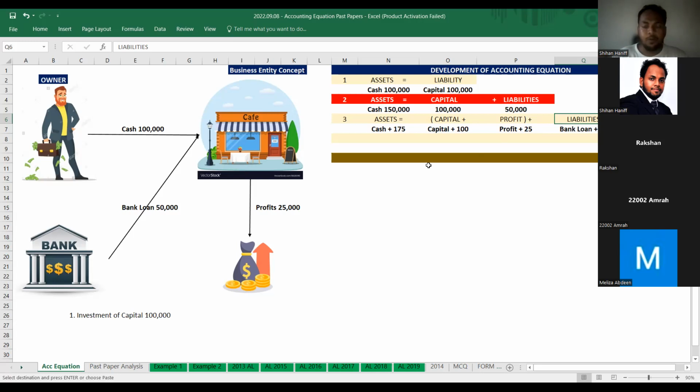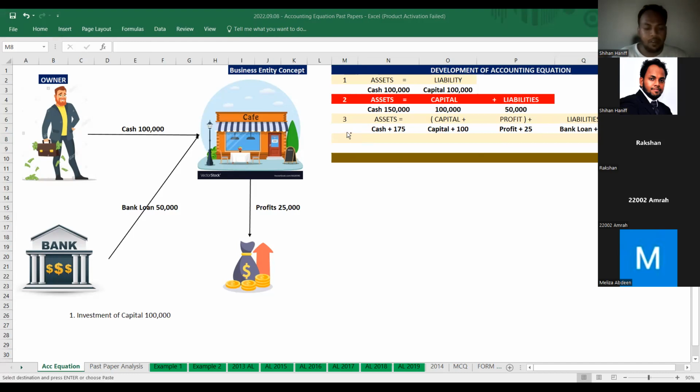Right. Now we know how to calculate the profit. Profit equals, what is the equation? Profit equals, yes, profit equals income minus expenses.